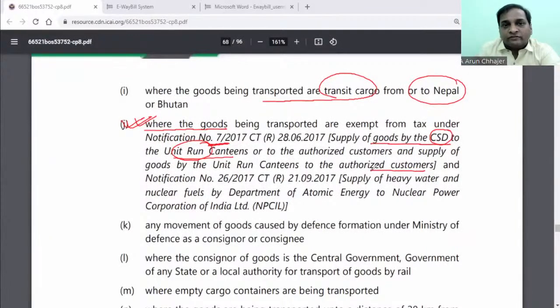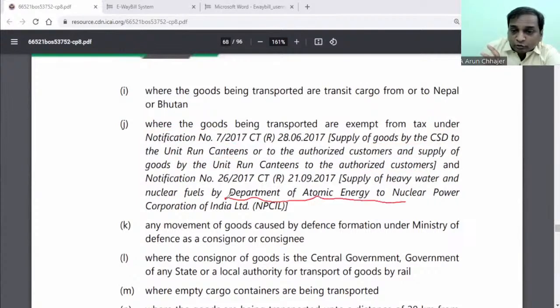Similarly, they have exempted movement from the Department of Atomic Energy to the Nuclear Power Corporation of India. Any movement of goods by a defense formation under the Ministry of Defense is also in the exempted category.